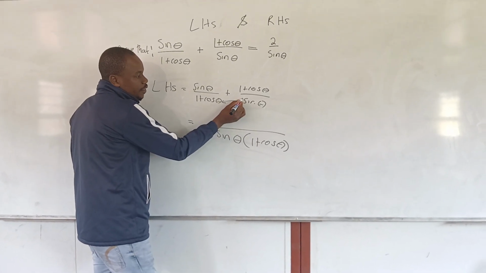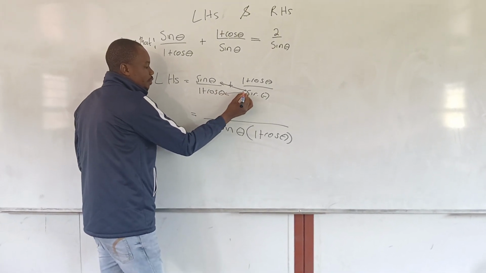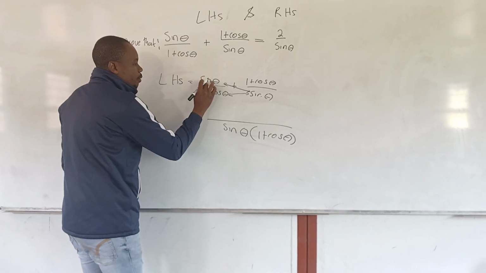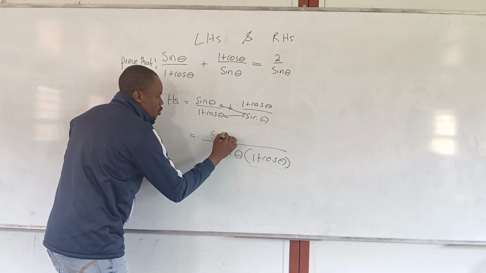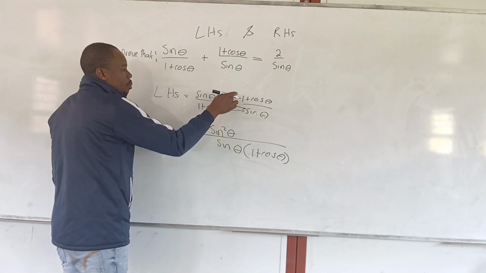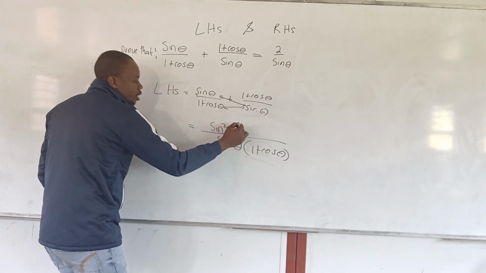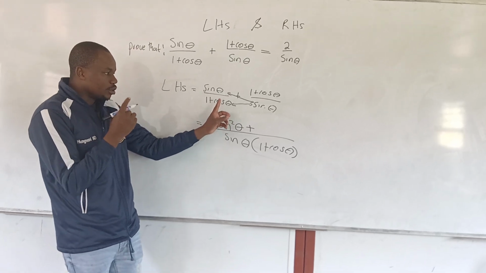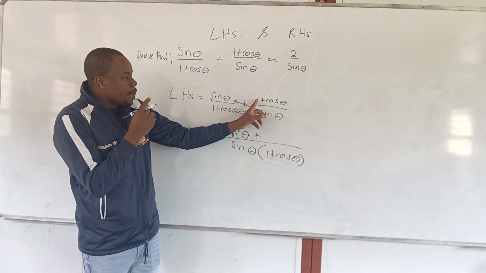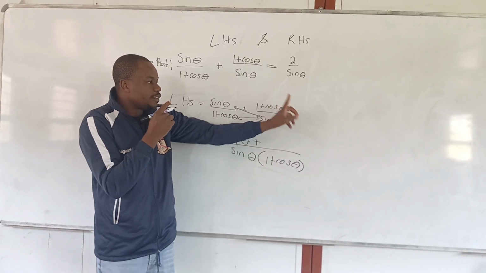The sine of theta multiplied by the sine of theta, you're getting what? The sine squared theta. Plus, because there is addition in between. And then you multiply 1 plus cos theta by 1 plus cos theta.